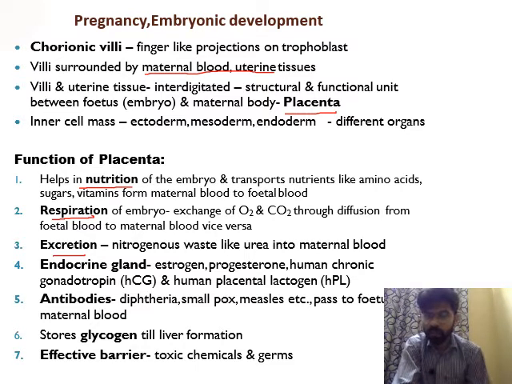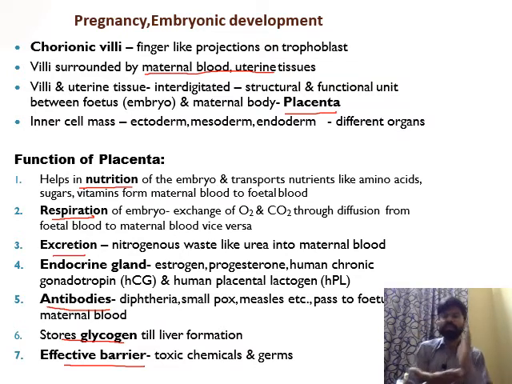It provides a passage for antibodies, helps to store glycogen, and is also an effective barrier. Some toxic chemicals that may come along with the maternal blood are prevented by the placenta. So the placenta creates a barrier to toxic poisons, and the toxic chemicals will not enter the fetus.